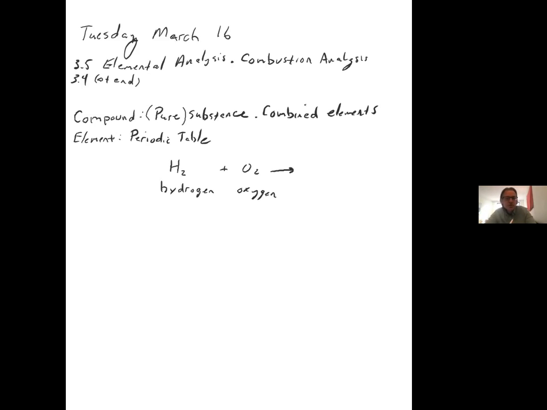And those two elements can combine to form a compound. In this case, water, right? So this is the compound. It's combined elements.